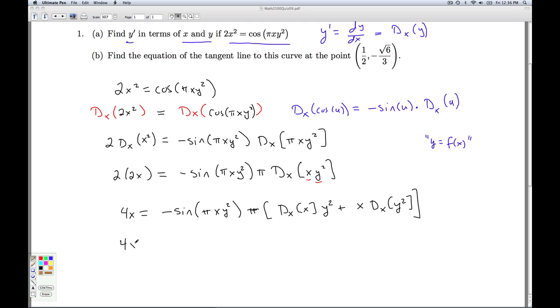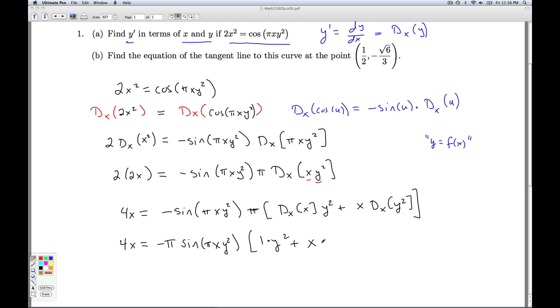So I have 4x equals, I'm going to migrate this pi over here. It's multiplication, so I can do that. The derivative of x with respect to x is 1, so I have 1 times y squared for the first term. And then I have x times the derivative of y squared with respect to x. So once again, I use the chain rule. y is a function of x. The variable of differentiation doesn't match that variable.